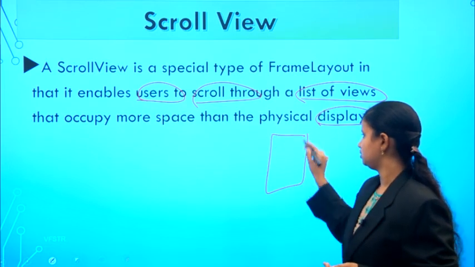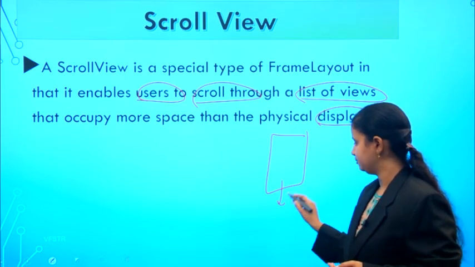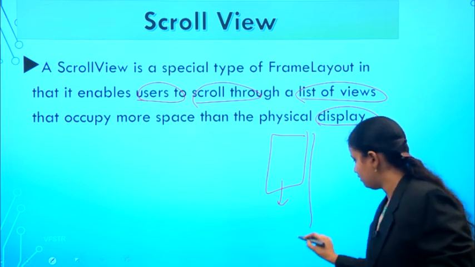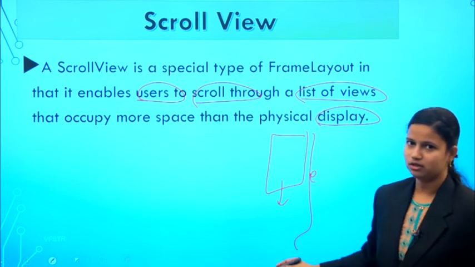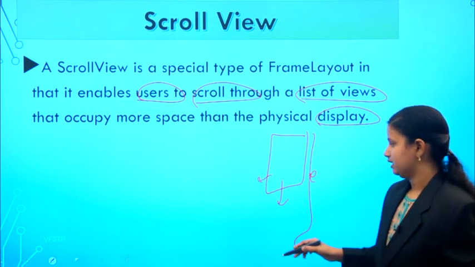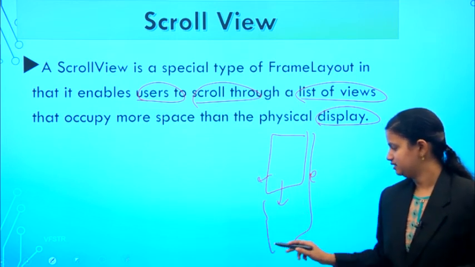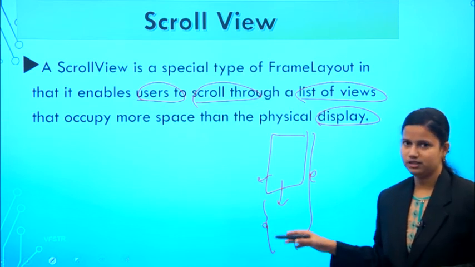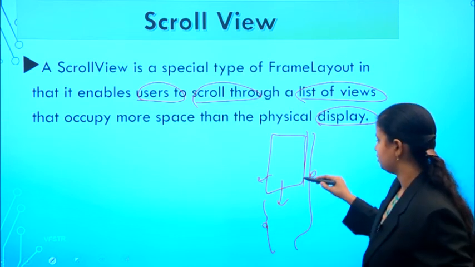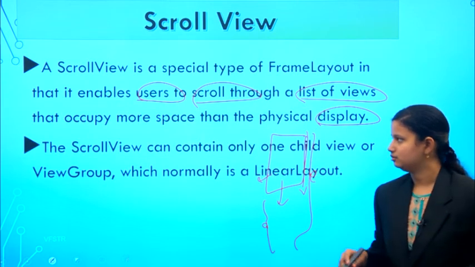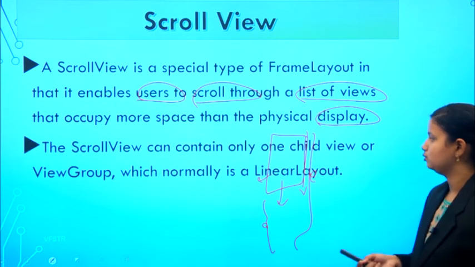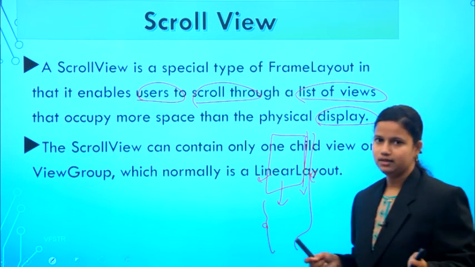So your views will occupy extra space on your activity. How this extra space in the user interface is displayed is by providing a scroll view. Its child views are normally grouped using a linear layout.